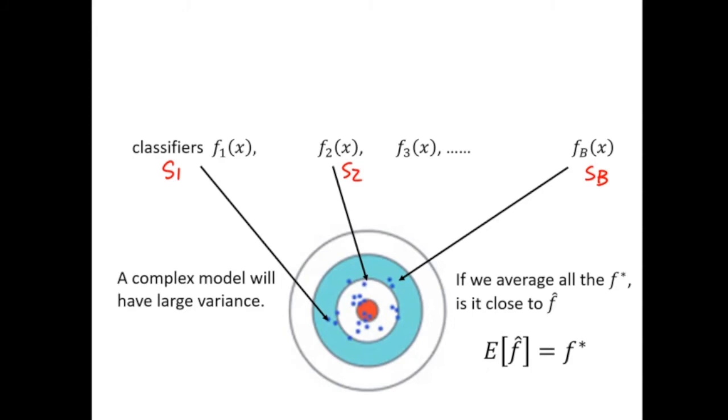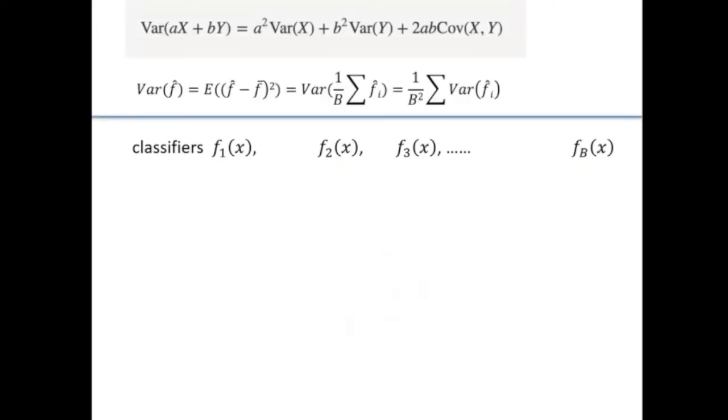Actually, this should be flipped: this is the truth, and this is the estimator. So we average complex models to reduce variance, and bootstrapping is to create that randomness inside your training data. So now let's see, how do you prove this?